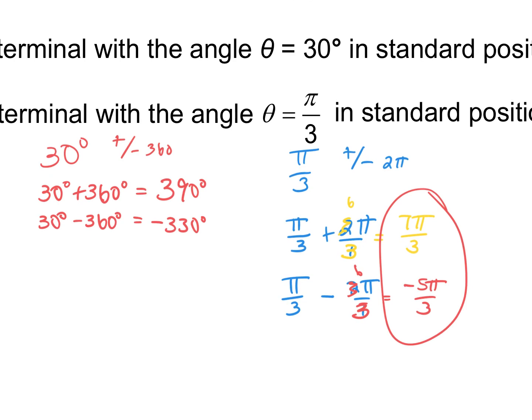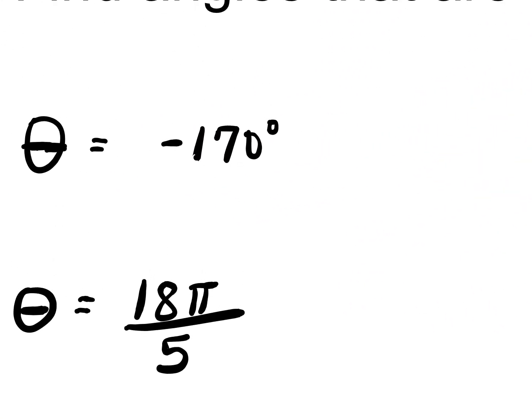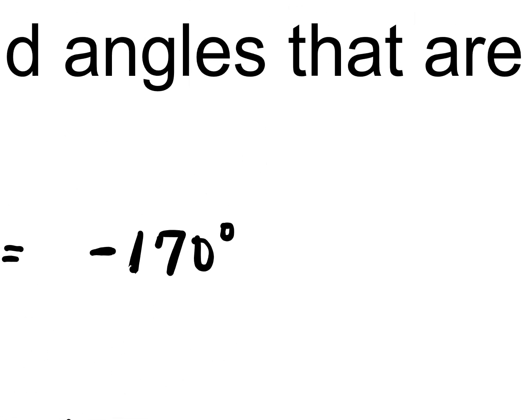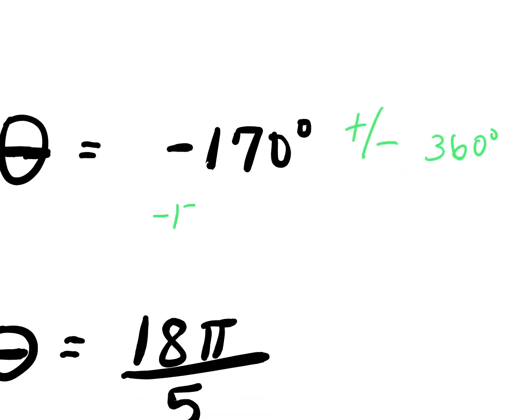So somebody asked a good question last period. It's going to come up in the example here, and I'll show you. Say we start off with negative 170 degrees. That means I'm going to add and subtract what number? 360. So start with the angle. Negative 170 plus 360. Calculators, what is negative 170 plus 360? 190 degrees.